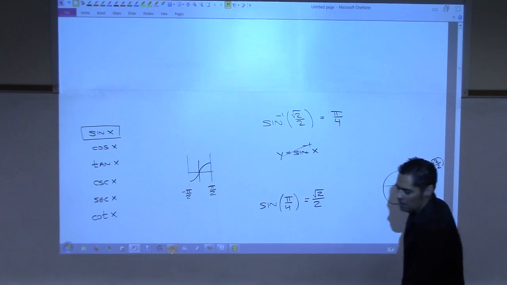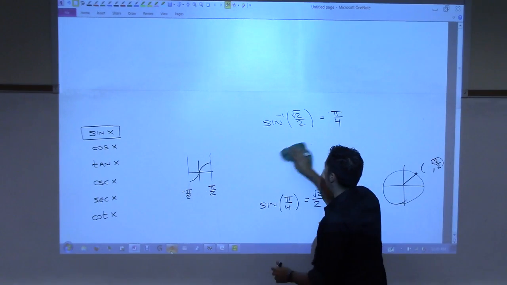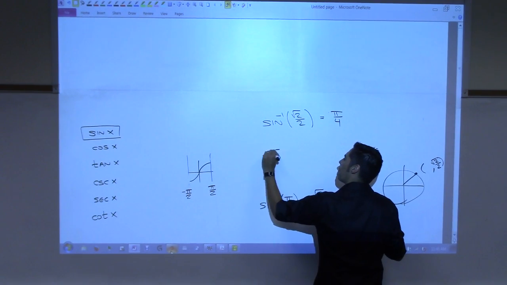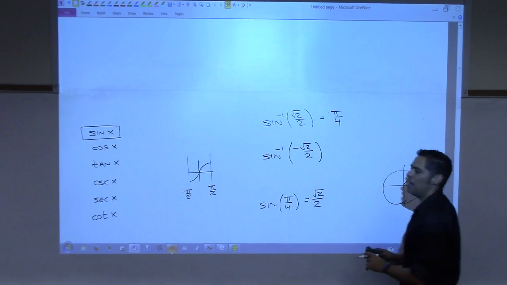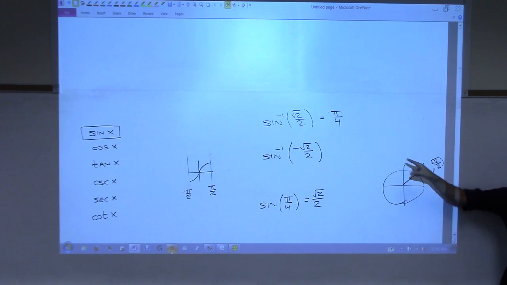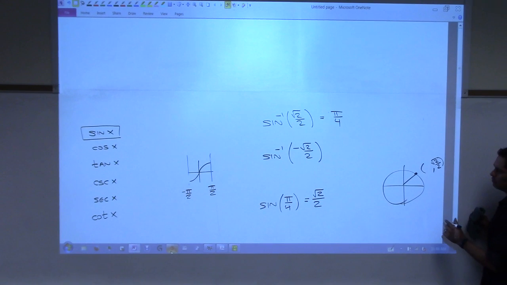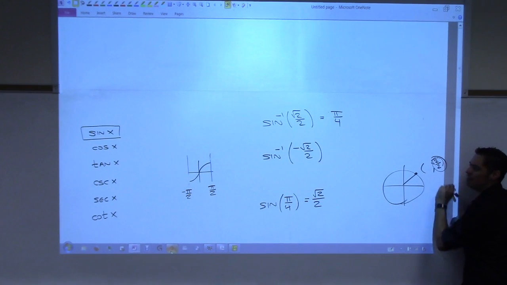All right, so, but we had to be a little careful with the arc sine, because if I give you something like arc sine of negative root 2 over 2, then you're saying where's your y coordinate negative root 2 over 2? So where does that happen? Where's the y value negative?